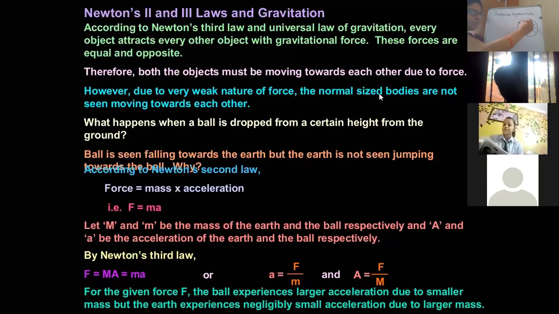Now the force of gravity, the force between the planet and the sun, the force acting on the orbiting planet, is directly proportional to v square upon r, where v is the velocity with which the planet is moving around the sun and r is the distance between the sun and the planet.